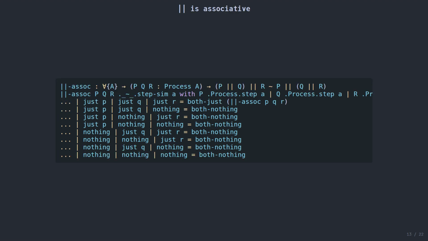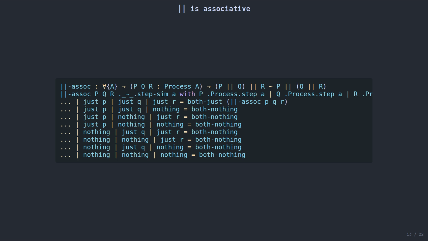We can also see that the interaction operator is associative. If we have three processes, the order in which we group them does not matter. Whether we first combine P with Q and then interact with R, or first combine Q with R and then interact with P, we get the same overall behavior.